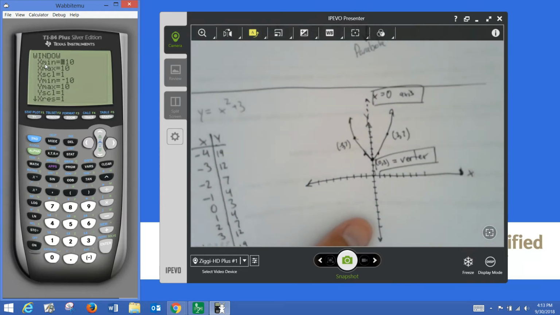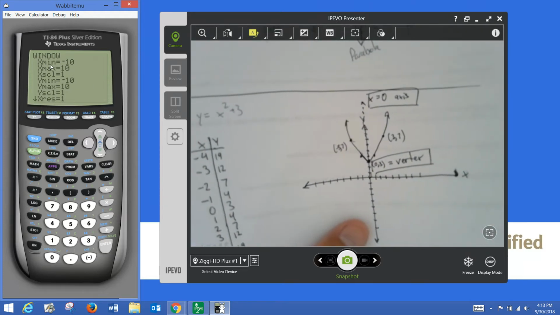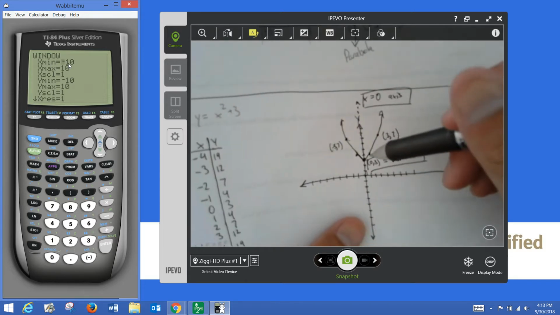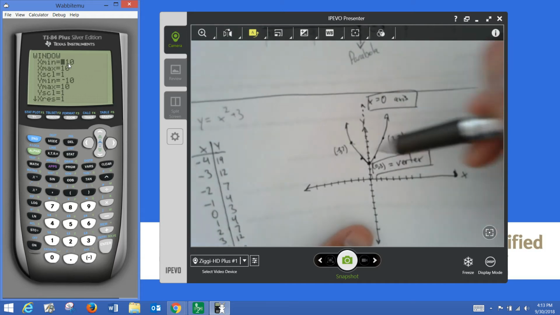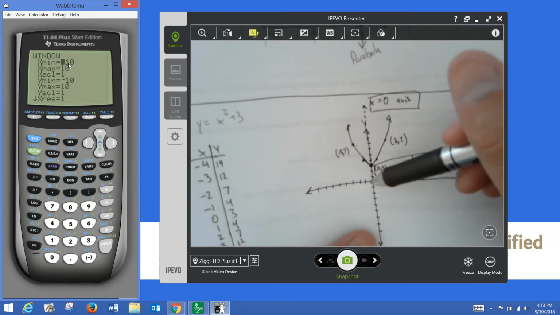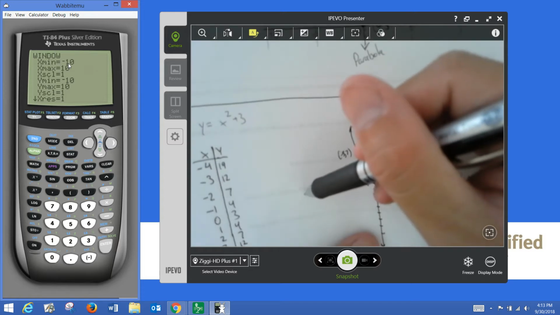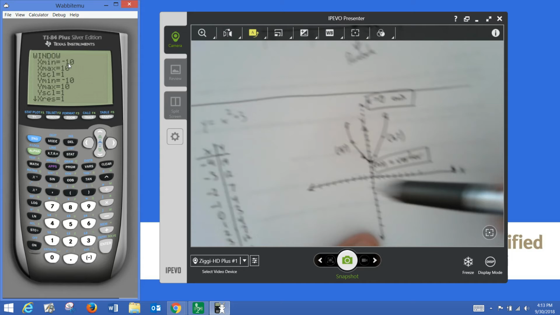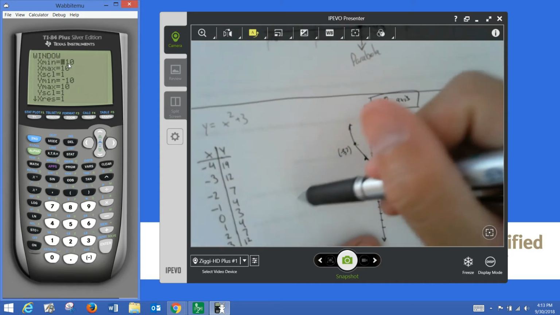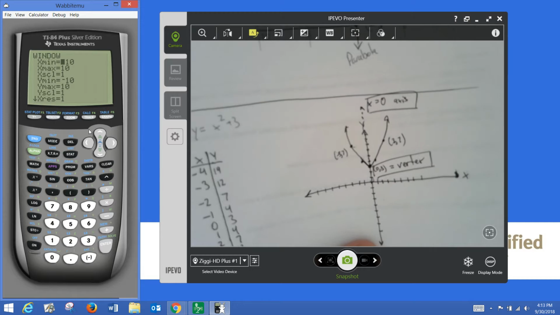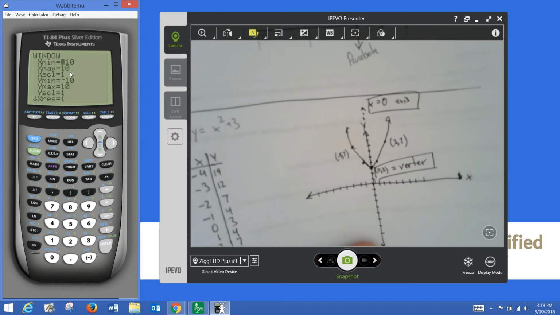Now look back on the calculator, when it says x min is equal to -10, what this means is on the window that you see in your graphing calculator, the minimum value of the x is going to be -10. So your window is going to expand out to where your x-axis is going to have -10, and then go back to your left on the calculator when it says x max.